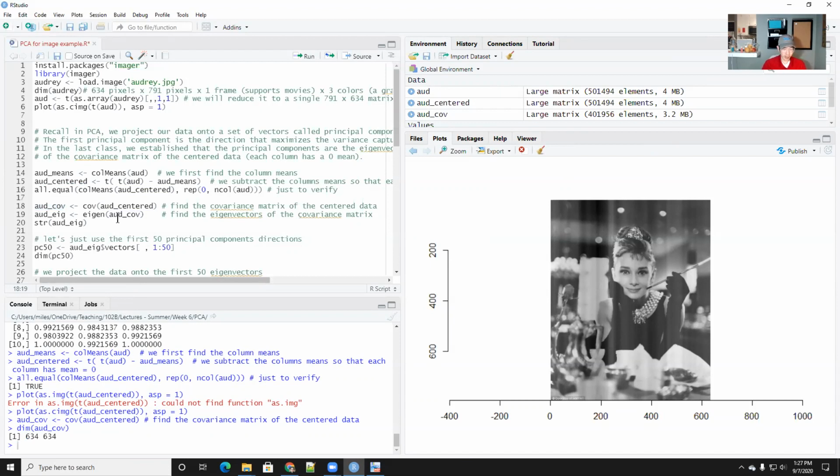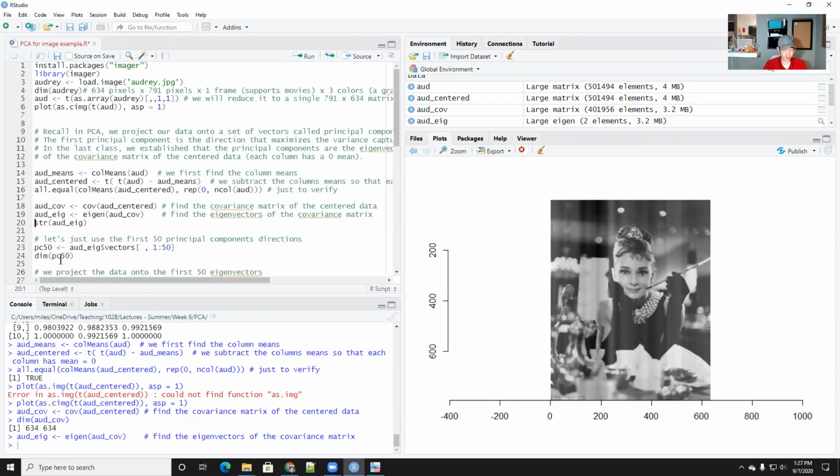And I can ask R to calculate the eigenvalues. I can say eigen of this covariance matrix. Actually, I'm going to just go ahead and use the code that I've done here.